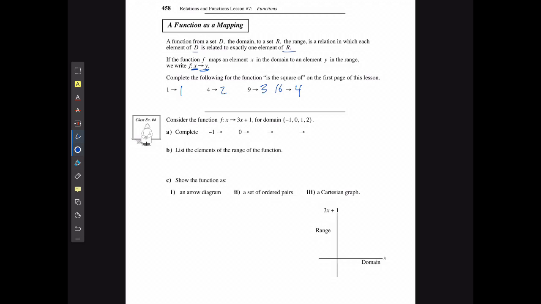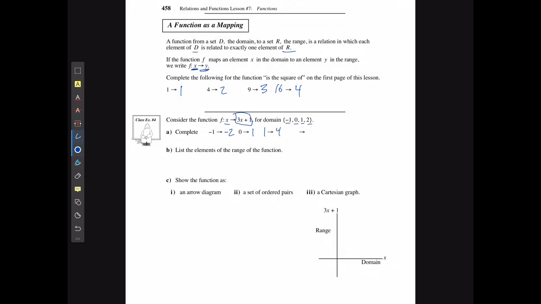Now, if I'm doing the same thing for this function, where I'm going to take x and do the function 3x plus 1 to solve for what y is, and I'm using the points of -1, 0, 1, and 2. Well, 3 times -1 plus 1 gives me -2. 3 times 0 plus 1 gives me 1. 3 times 1 plus 1 gives me 4.